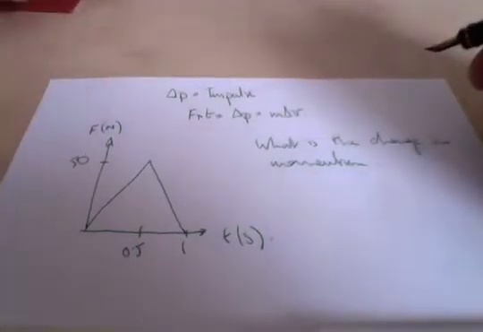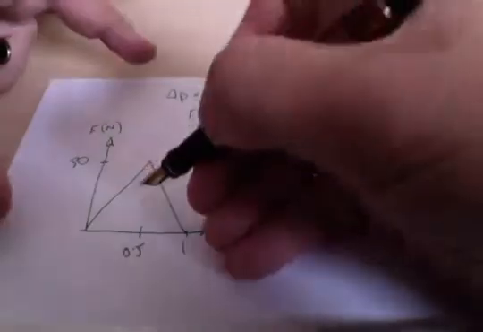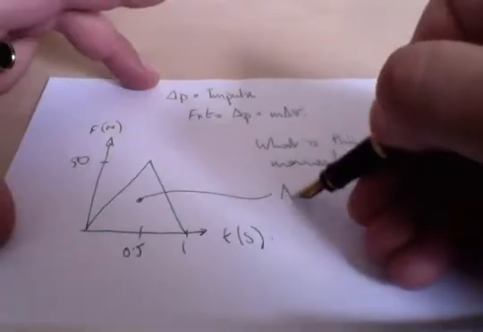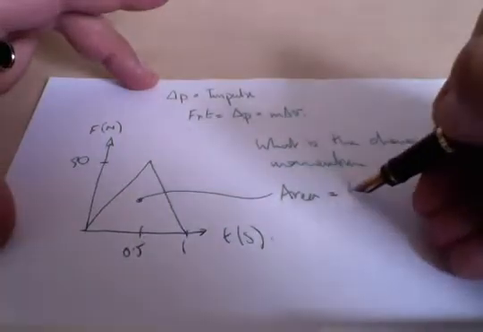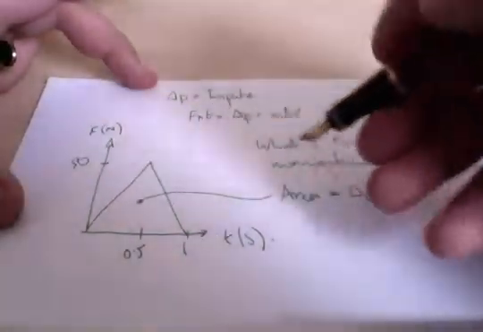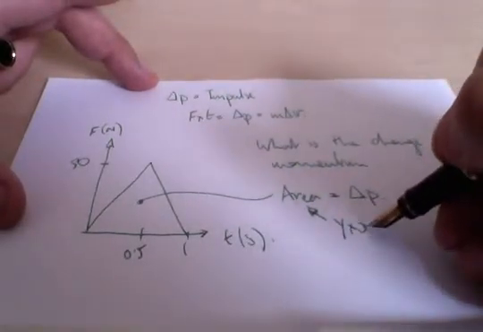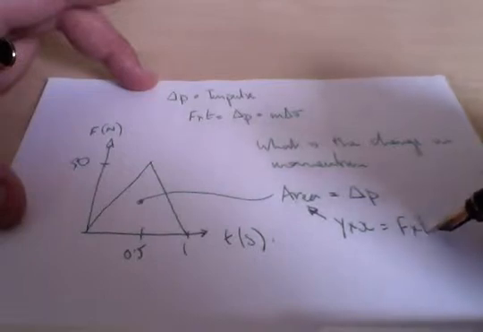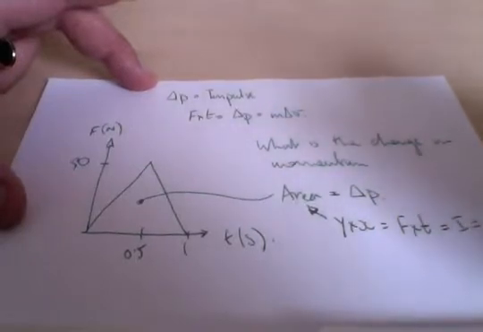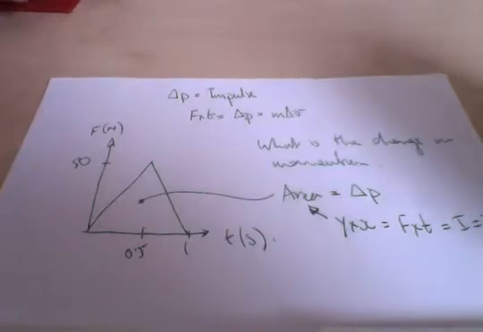Now, there's two ways to learn this. One is to appreciate that the area is the change in momentum. Or you can say to yourself, the area is the same as the y-axis multiplied by the x-axis, which is force times time, which is the same as impulse, which is the same as the change in the momentum, if you prefer.